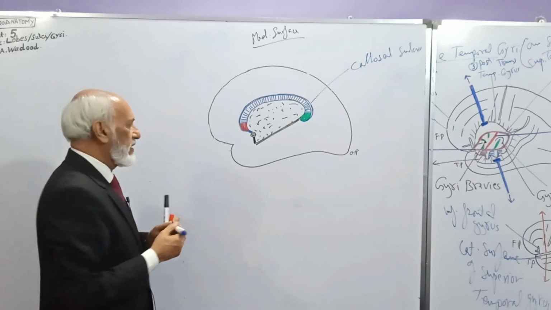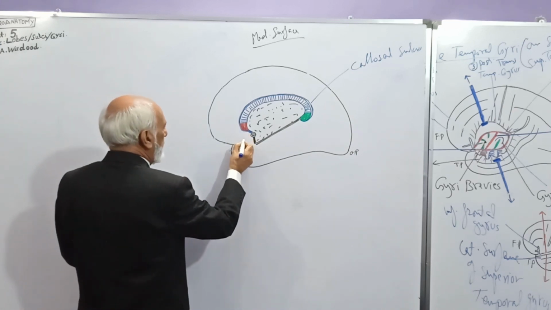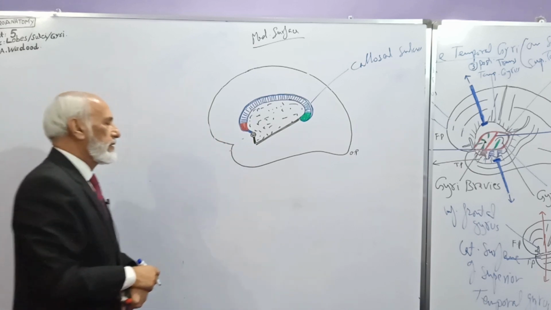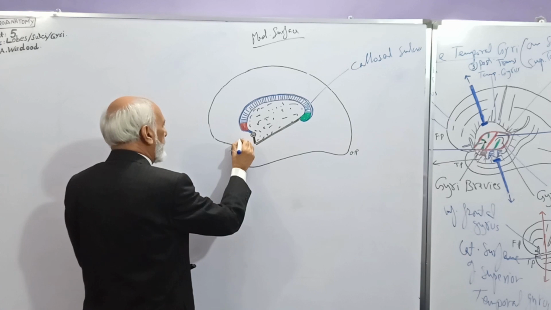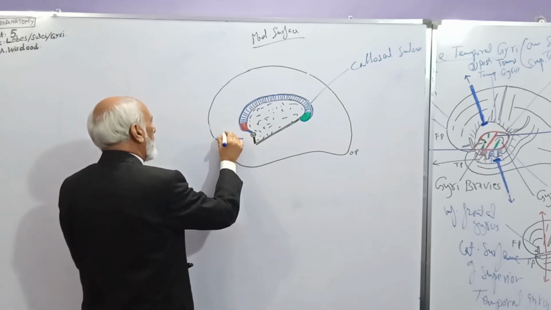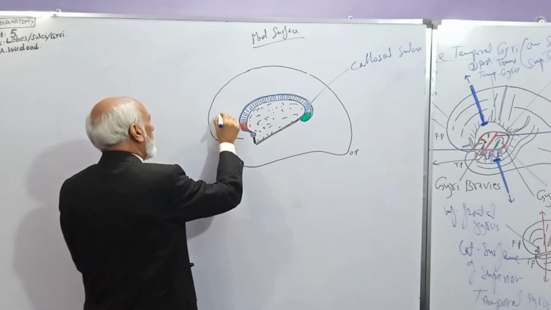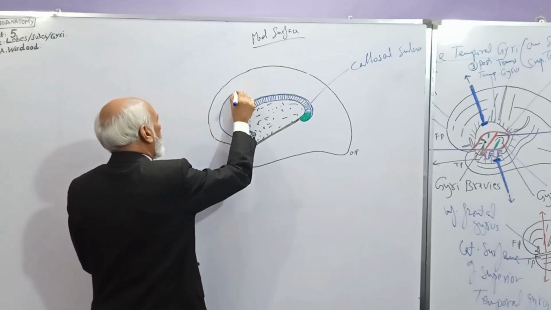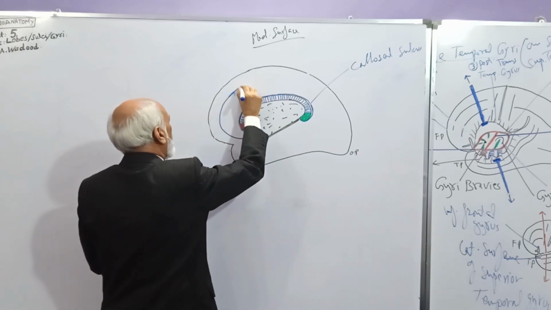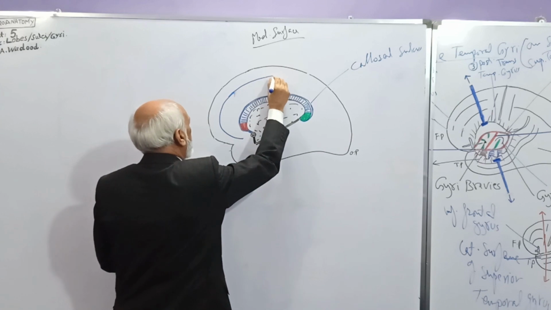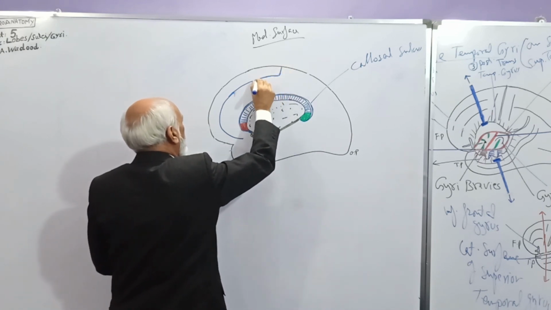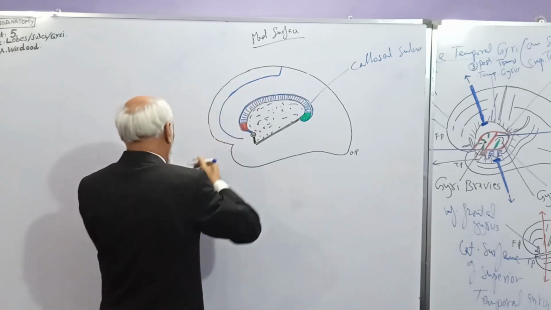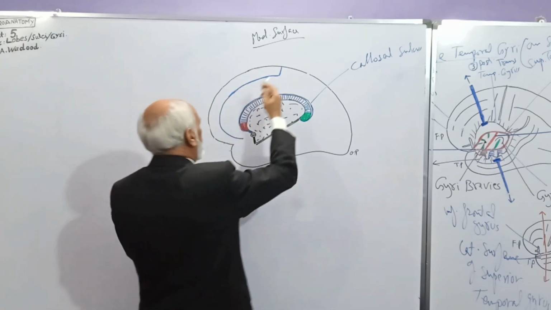Then another sulcus starts just below the rostrum of the corpus callosum. It runs forwards, upwards, and backwards, and then turns upwards to reach the supromedial border posterior to the central sulcus.